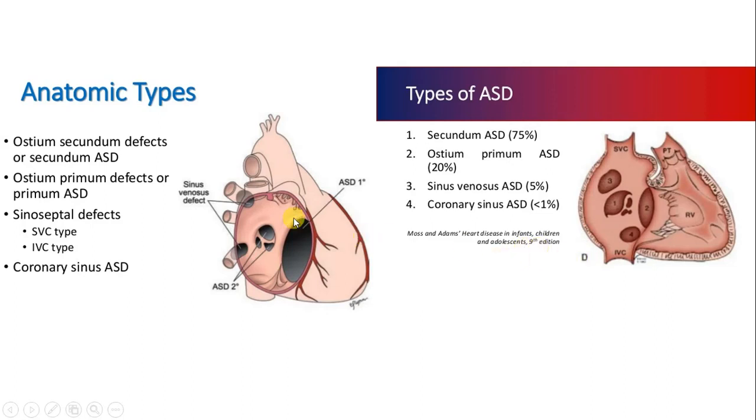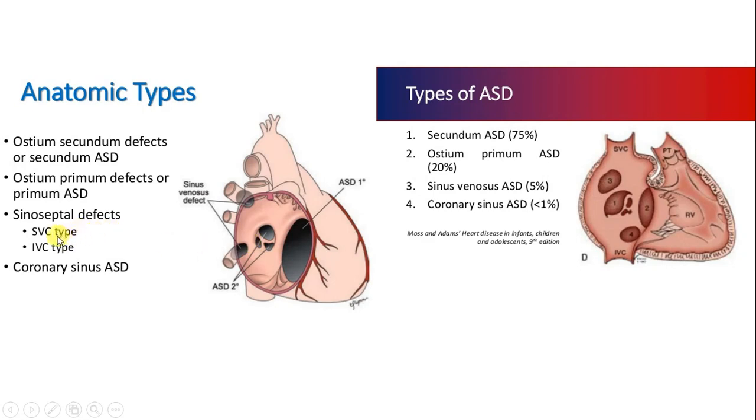The anatomical types of the defects in the atrial septum are shown here. The ostium secundum defects are secundum ASD. The defect is mainly in the formation of the septum secundum. Ostium primum or primum ASD: the defect is mainly in the ostium primum.